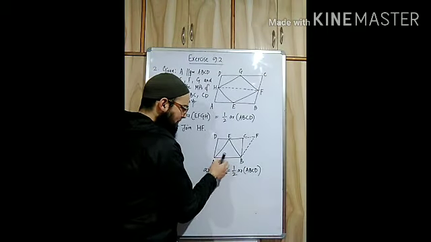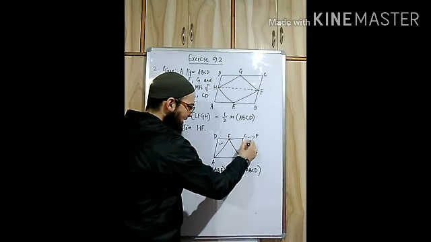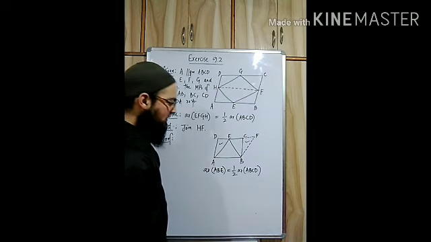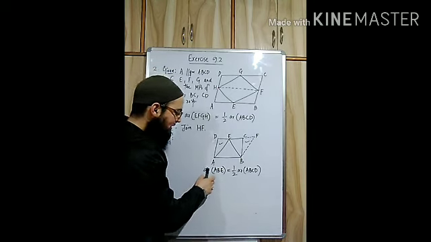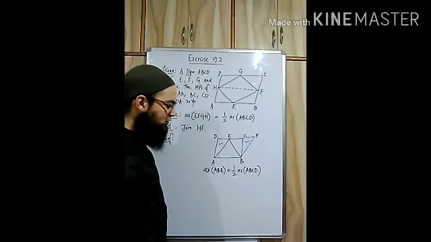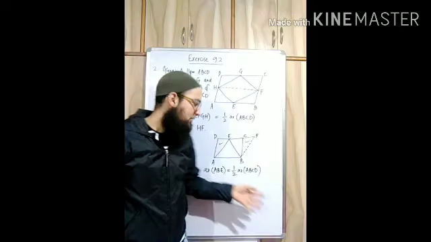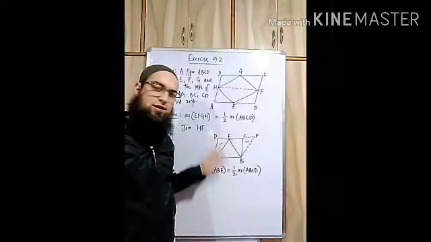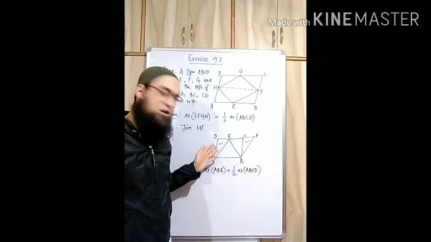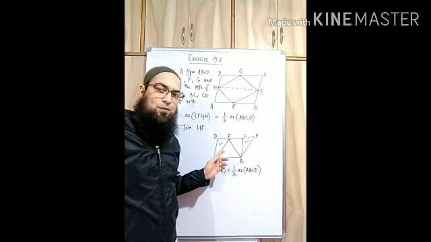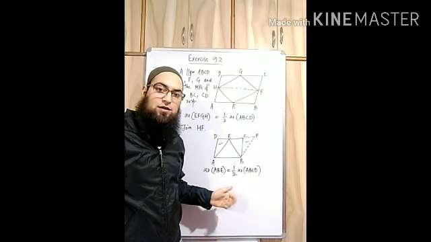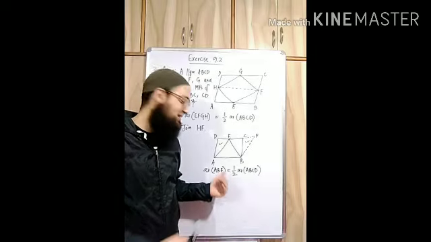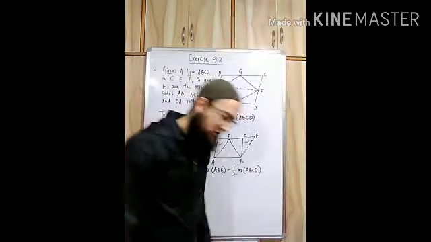Then make this triangle and this triangle congruent. By doing that, you will easily get that area of ABE is equal to 1/2 area of ABCD. I'm just reminding you, we have already done this theorem. You can check the previous video where we proved that when a triangle and a parallelogram are on the same base, the area of the triangle is half the area of the parallelogram.